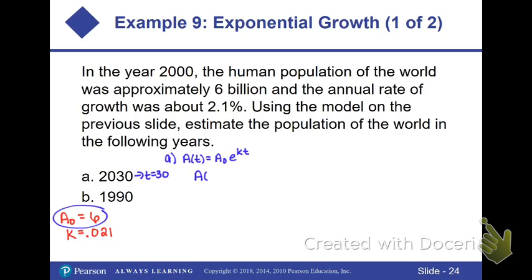So we're looking for the ending amount 30 years after it started. We're going to use our beginning amount 6 e to the 0.021, my k, times t, which we just said was 30. We can type this in our calculator, and you should get approximately 11.266, and we ought to label it because it's a word problem, so it's billion people.